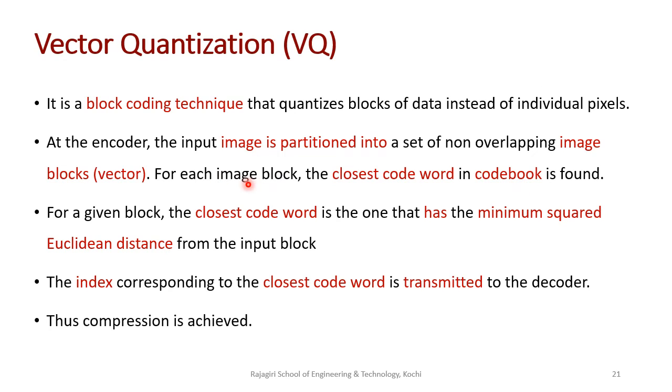So for each image block, the closest code word in the code book is found. For a given block, the closest code word is the one that has the minimum squared Euclidean distance from the input block. The index corresponding to the closest code word in the code book is then transmitted to the decoder instead of the image block, thus achieving compression.